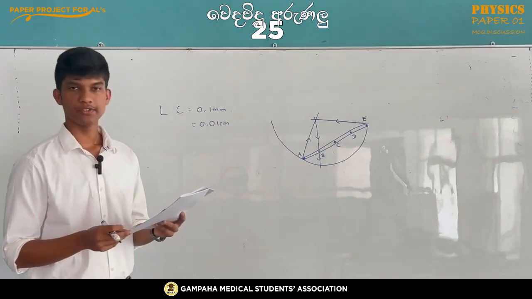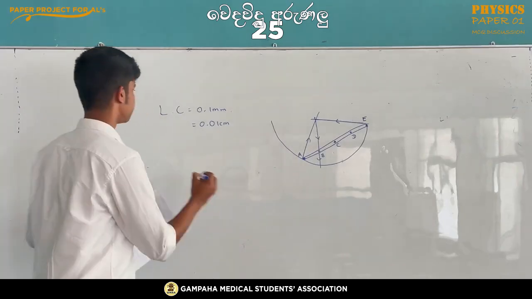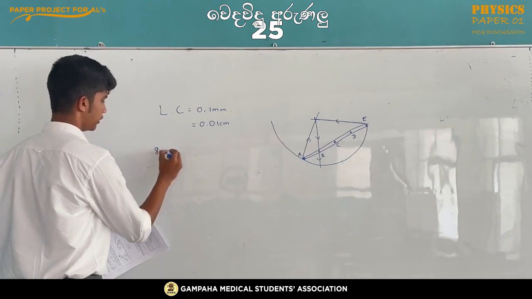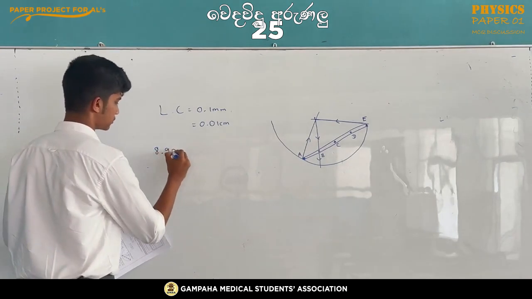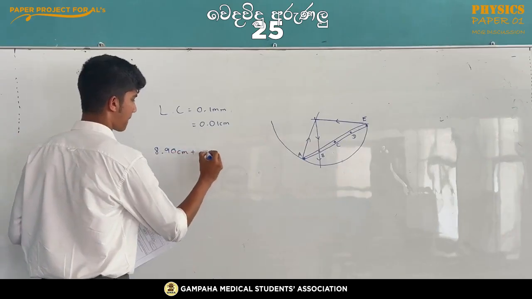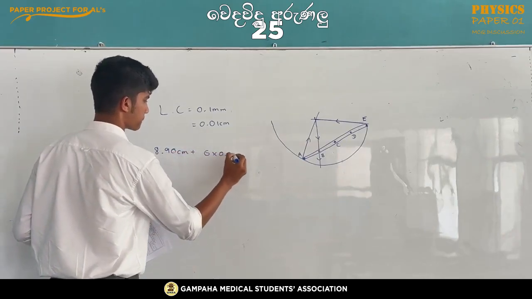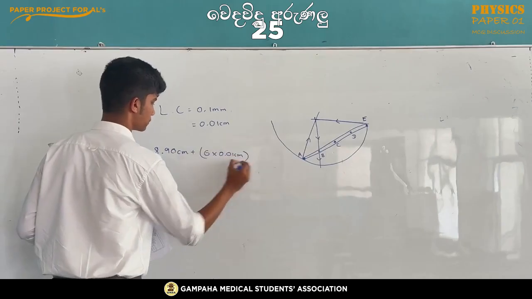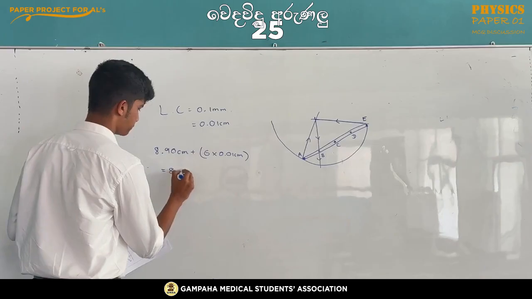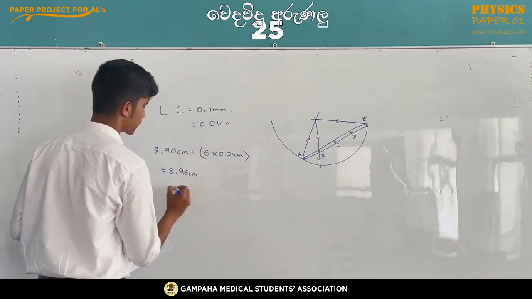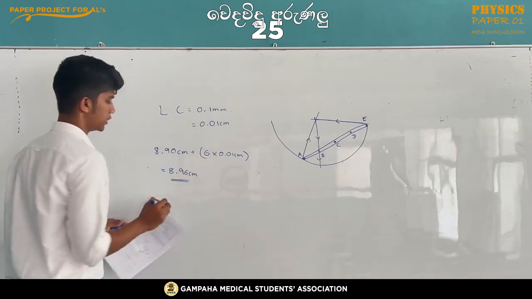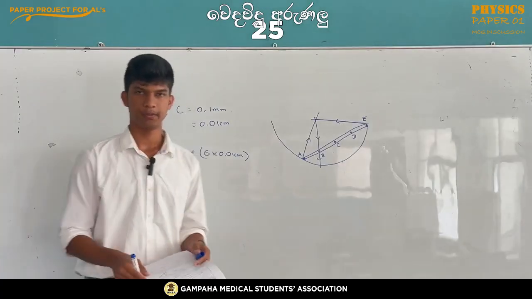The last main scale division is 8.9 centimeters. So with that, you can add the sixth division. So the correct answer is 8.96 centimeters, the fifth answer.